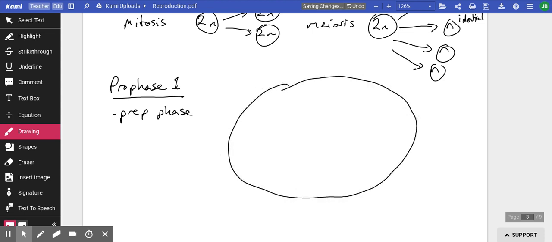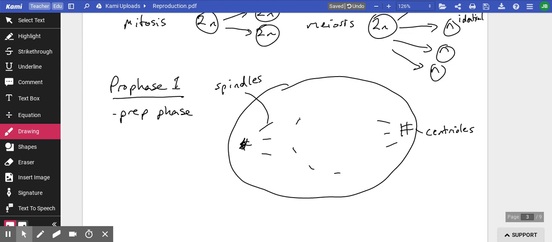And we can draw the centrioles starting to form. And in the animal cell, these will help to guide the chromosomes. Spindles might start to form. These are the muscles of the cell, little microtubules that can grab onto the chromosomes and move them around. And our nucleus will start to dissolve.